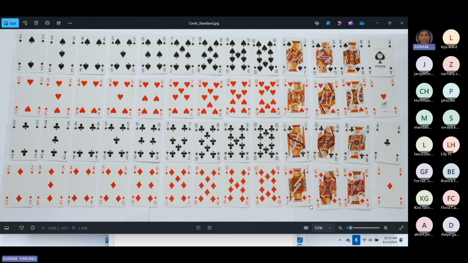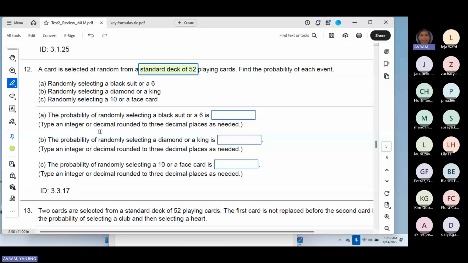So how many face cards do we have? We have a jack, queen, king, so 3 times 4, you have 12 face cards in here. So this will be a good sample space if you look at a standard deck of playing cards. And then we're going to answer this one right here. The total is 52. You want to randomly select a black 3 or a 6.